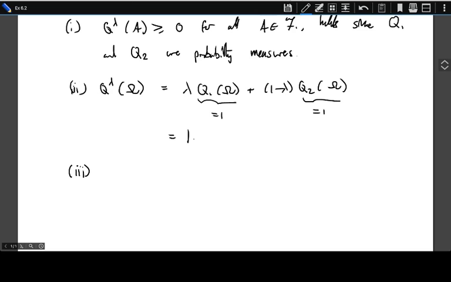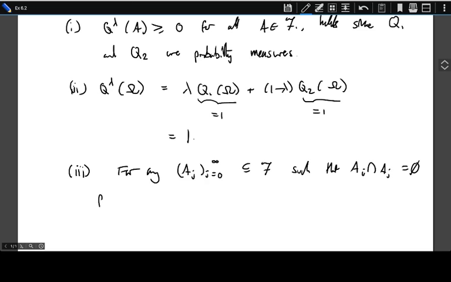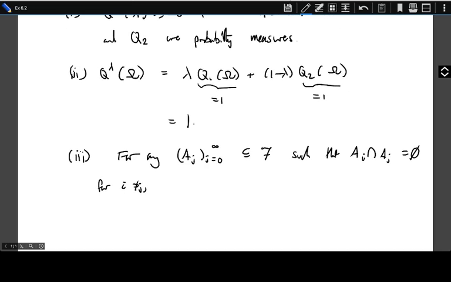Third, for any indexed sequence of sets which are contained in the sigma algebra F and are disjoint, we have that the measure Q lambda of the infinite union of all of those sets is equal, since Q1 and Q2 are probability measures, to the sum over j from 0 really, indexed by 0, but of course could be 1 as well, it's equivalent.